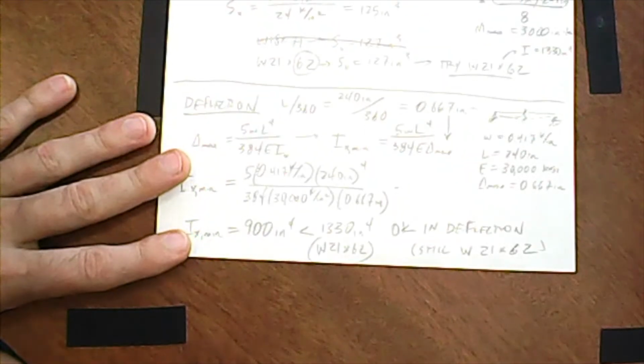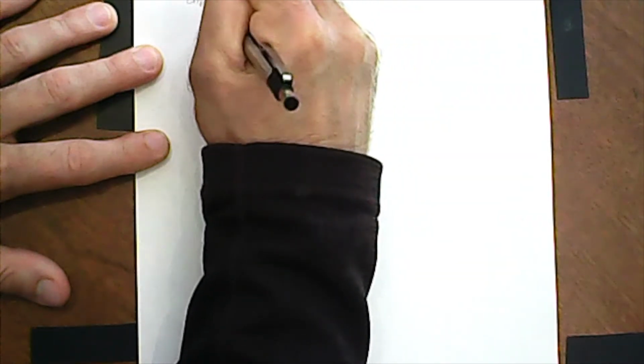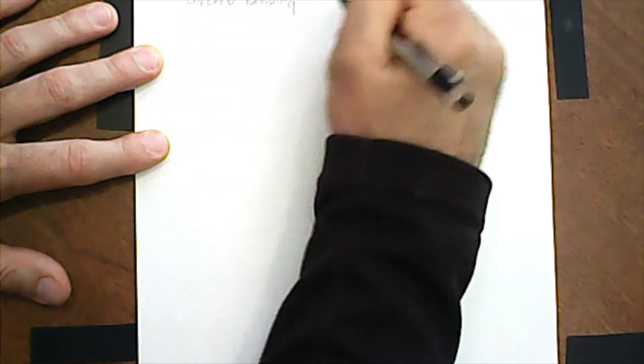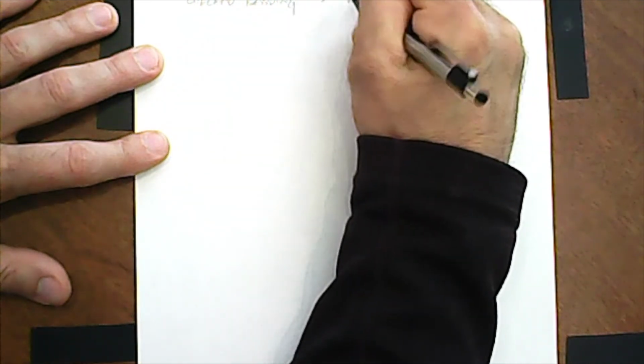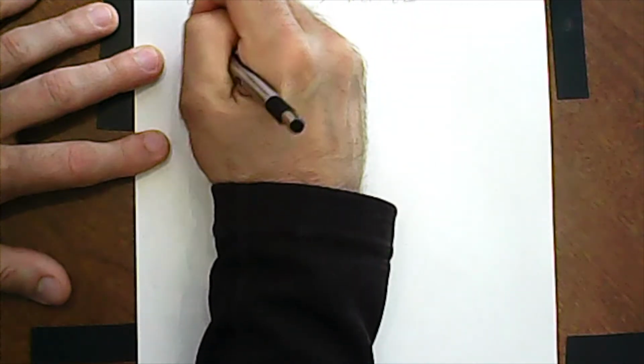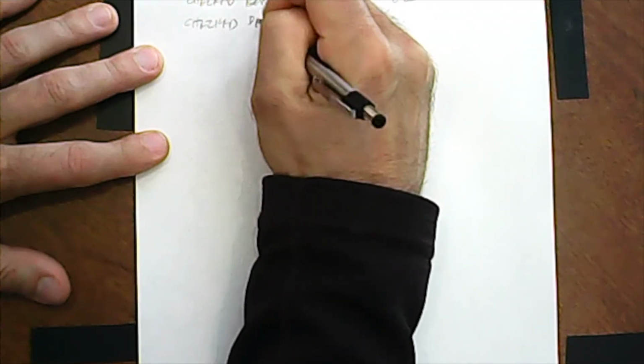Okay. All right, so what have we done so far? We checked bending. And that gave us a W21 by 62. Then we checked deflection.